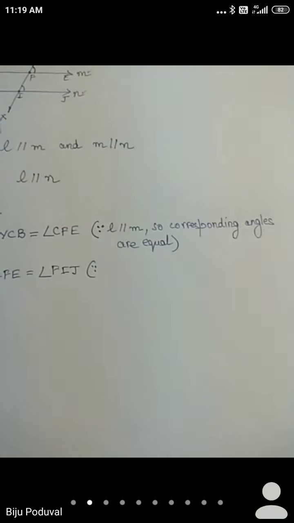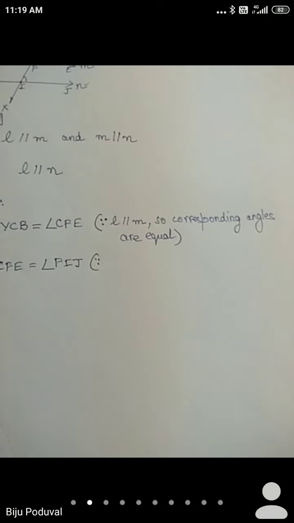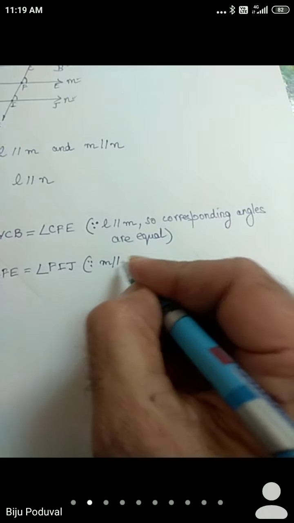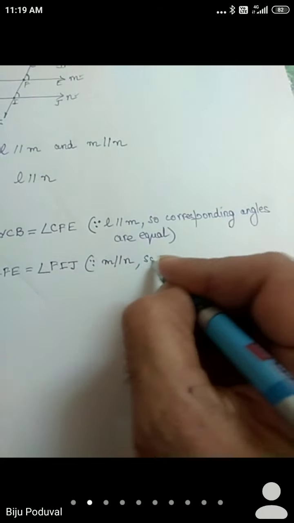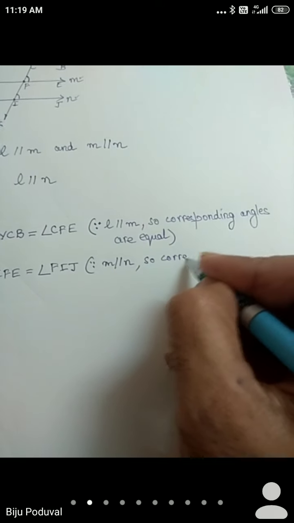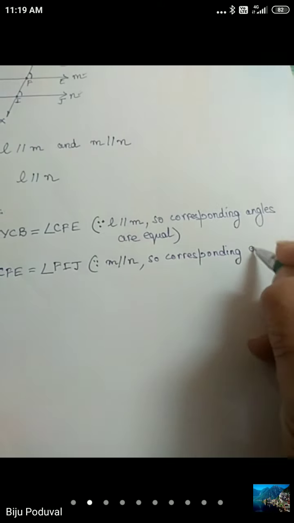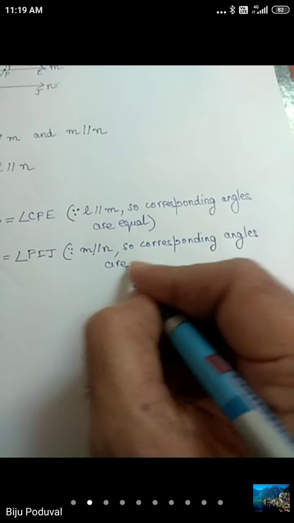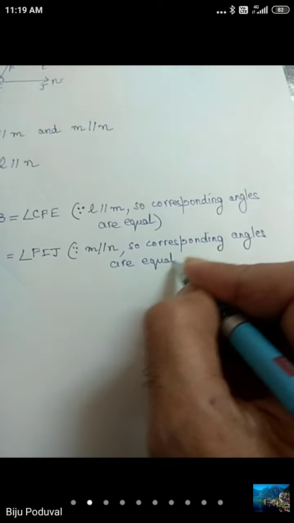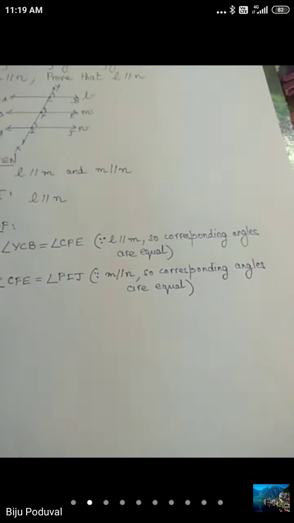Because M is parallel to N. So corresponding angles are equal. Simple.